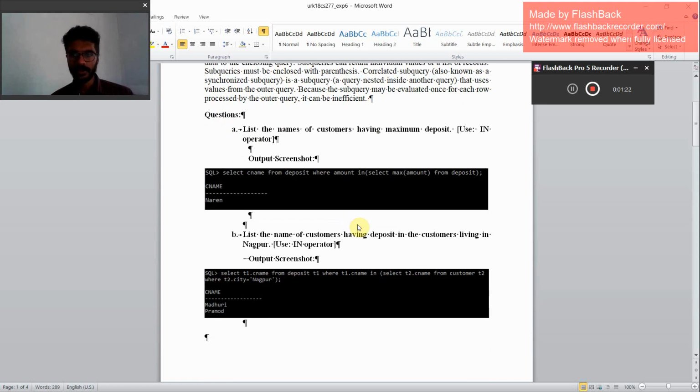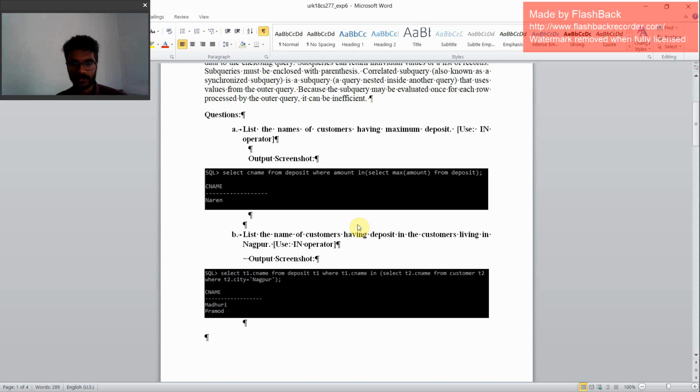Let's go for the second one: list the names of customers having deposit who are living in Nagpur. Again you're using the IN operator. You select T1.C name from deposit T1 where T1.C name in select T2.C name from customer T2 where T2.city is equal to Nagpur.